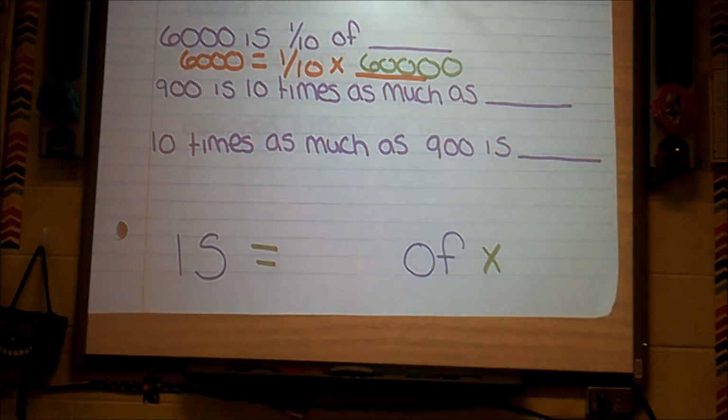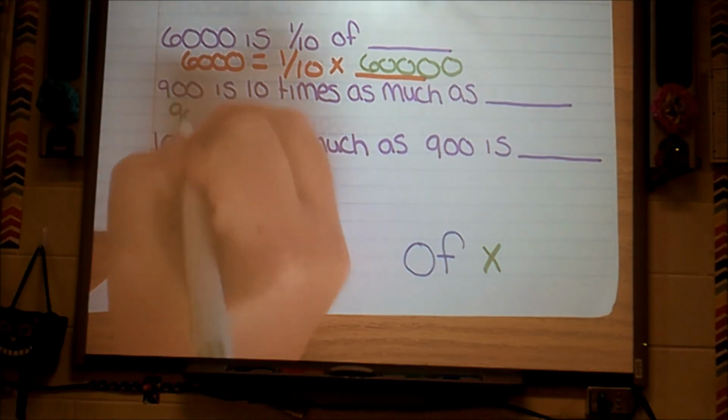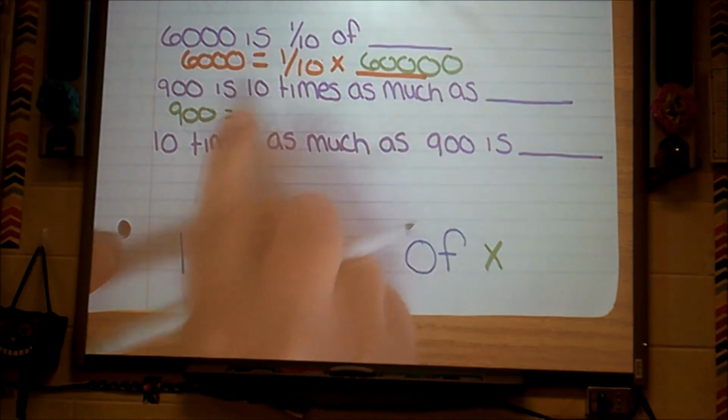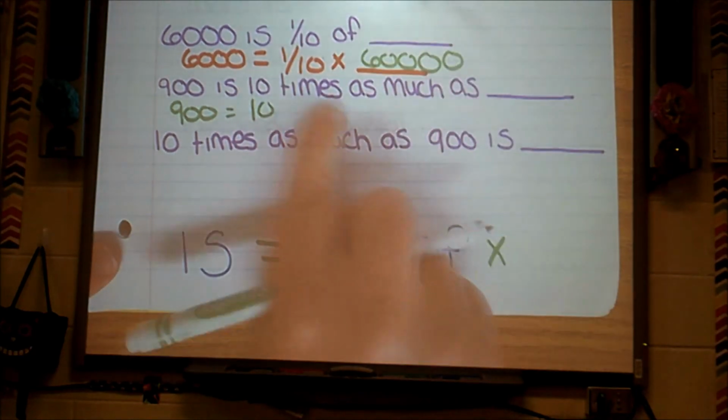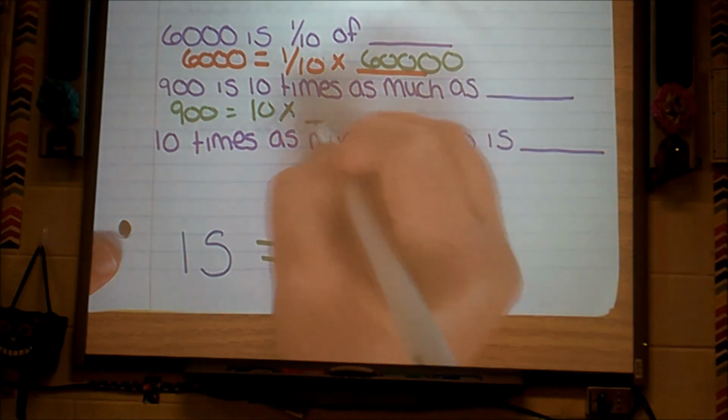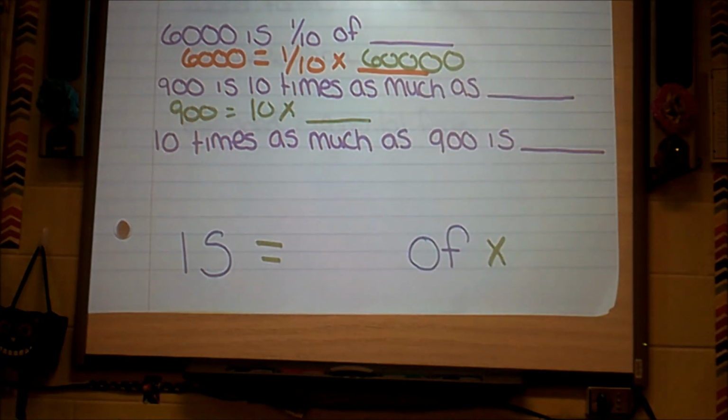Let's try another one. Make this into a numerical expression. 900 equals 10 times as much as some number. So again, we are working in reverse. 10 times something equals 900.